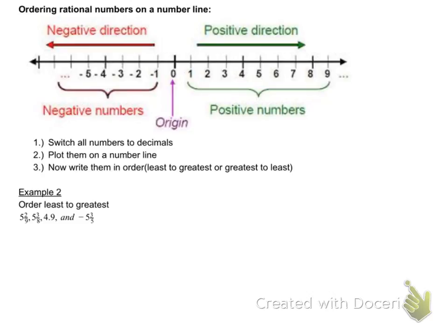Because all of a sudden we had 5 and 5.2 repeat, I think it was, and we had 5.375 and 4.9 and negative 5.6. Right? Those are the 4 numbers we had.